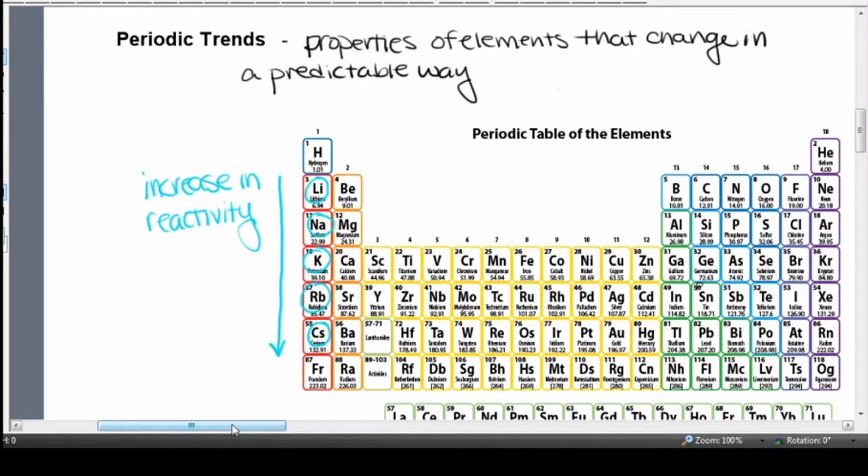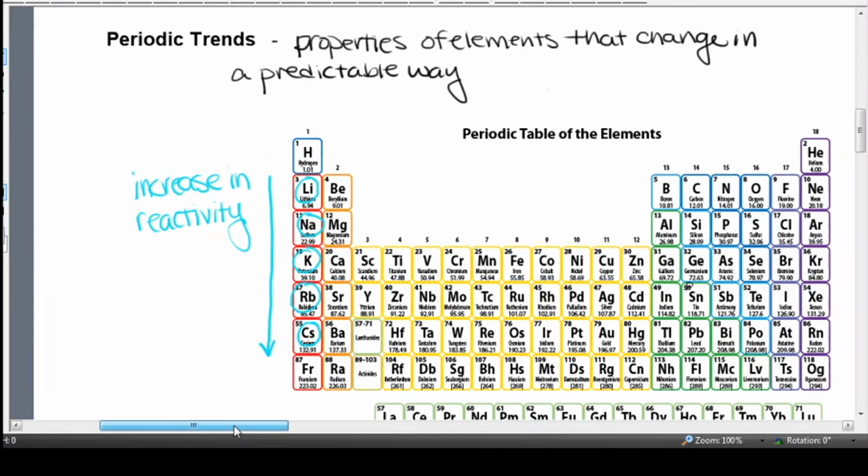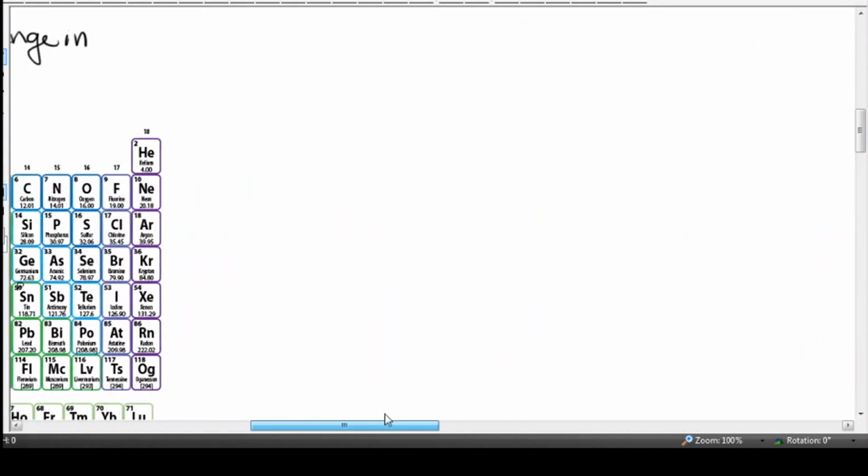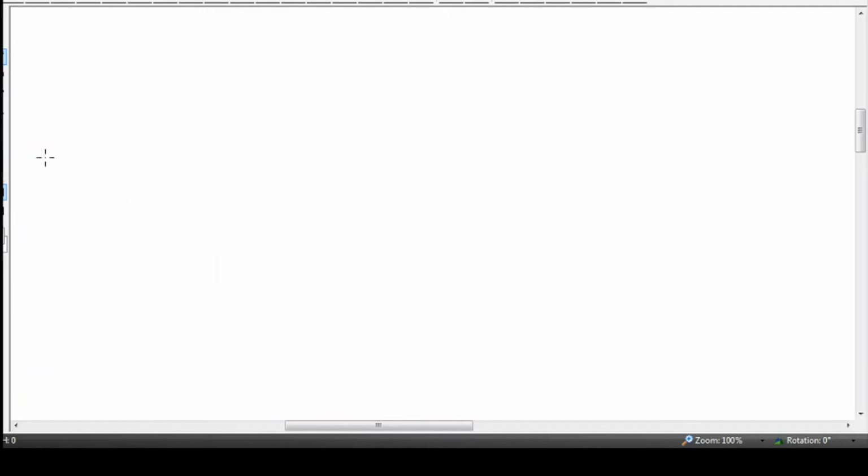So to start off that conversation, we need a couple of definitions. I'm going to start off over here on the side with a definition of atomic radius. If you were explaining this to your fourth grade brother, you would call it the size of the atom.